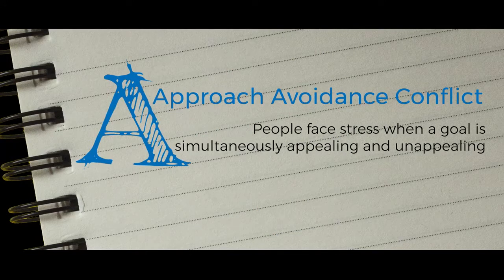A for approach avoidance. An approach avoidance conflict occurs when someone is faced with a decision to pursue or avoid something that has both great advantages and disadvantages. For example, let's take the case of marriage.